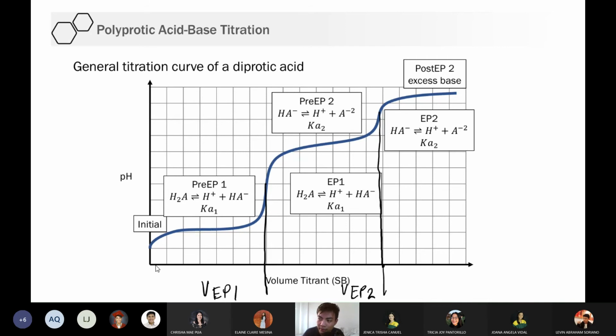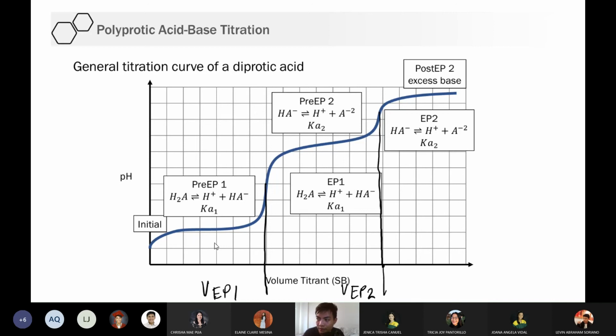Okay? So, kunwari, 10 ml to reach this one. That means 20 ml, marireach mo yan. Gets yan? Kunwari, 15 ml to reach this endpoint. That means, yung next endpoint, marireach mo at 15 ml more. O, ibig sabihin, 30 ml na in total. Okay? Ibig sabihin yan, equal yung volume sa EP1, sa first endpoint, and sa second endpoint.